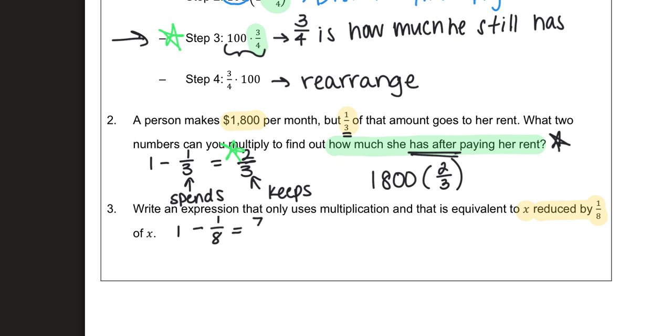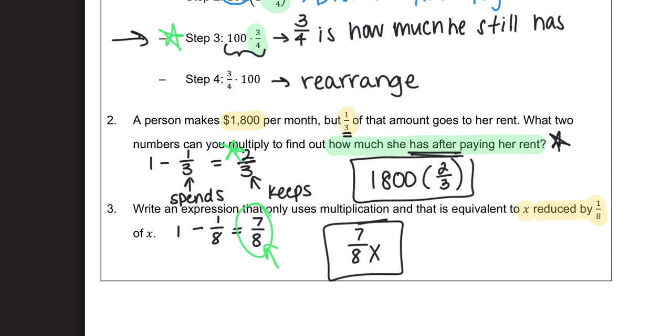That means we have 7/8 left over. So this is the number that we're going to use to multiply. So we have 7/8 times x. Okay, very, very important ideas for this unit. When you guys are all set there, go ahead and go to the next page.